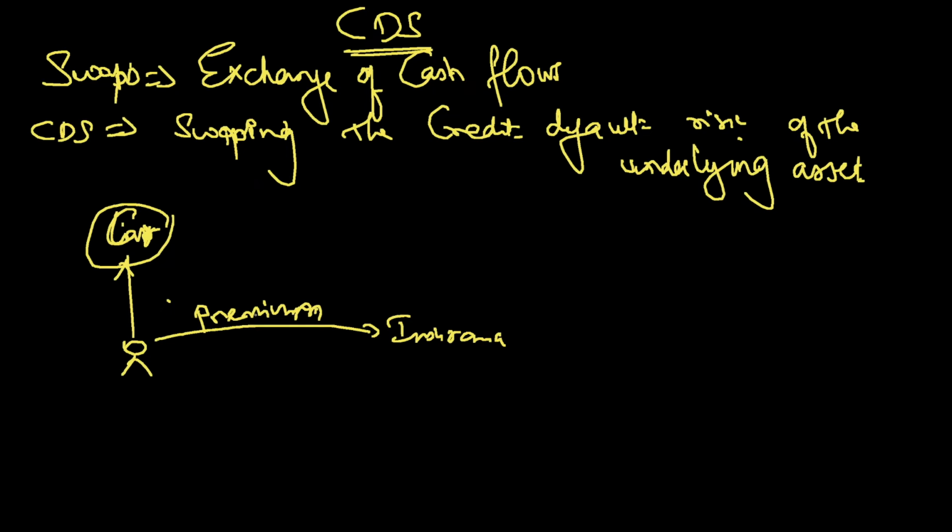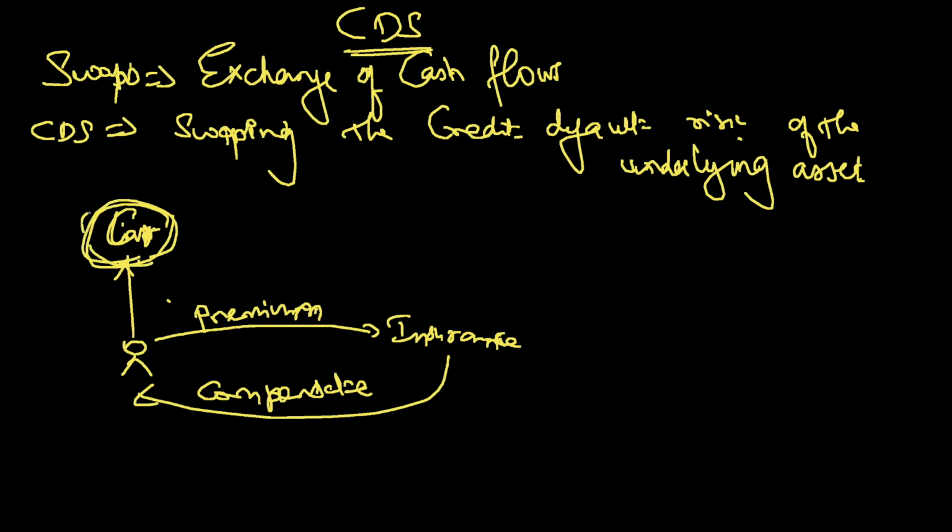The insurance company takes premium from him, and if something happens to the car, they will compensate for his losses. So this is swapping the risk involved in his asset.